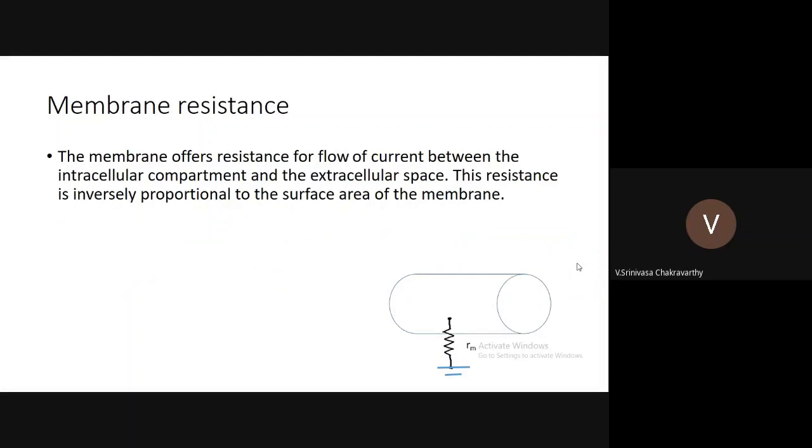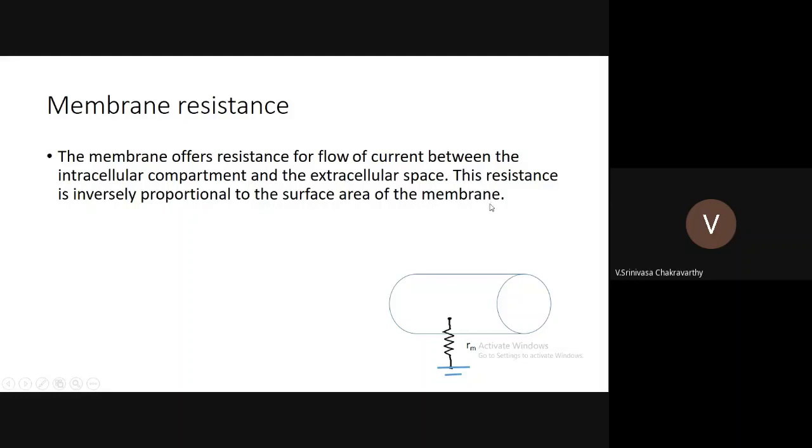Now let us define another quantity called membrane resistance. So membrane offers resistance for the flow of current between inside of the membrane or inside of the cable and outside extracellular space, right? From between the intercellular compartment and extracellular space. So this resistance is inversely proportional to the surface area of the membrane.